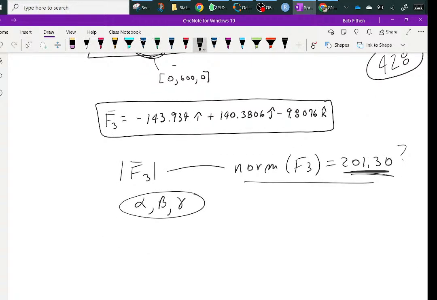So if I want to find the direction angles, I'll do arc cosine, degrees of F3 over the magnitude of F3, and that's all one statement.